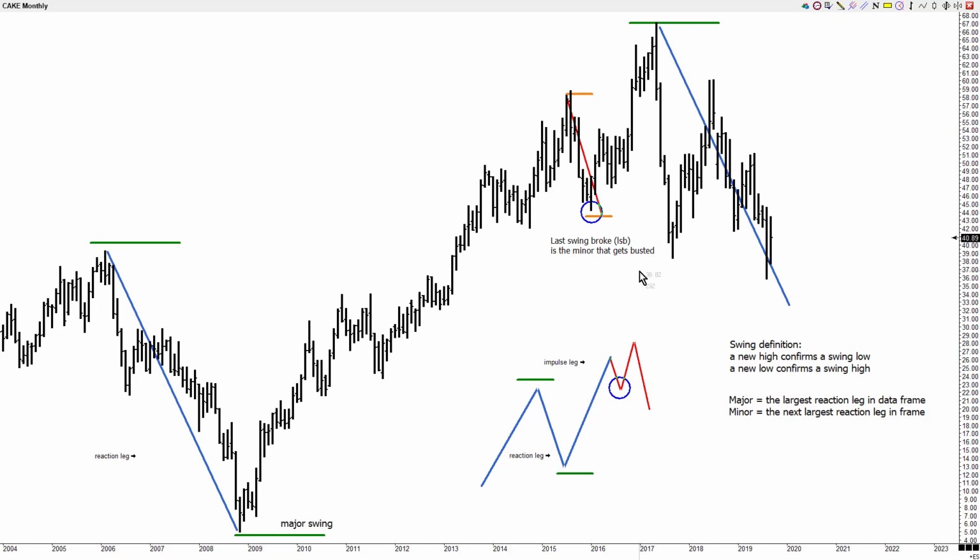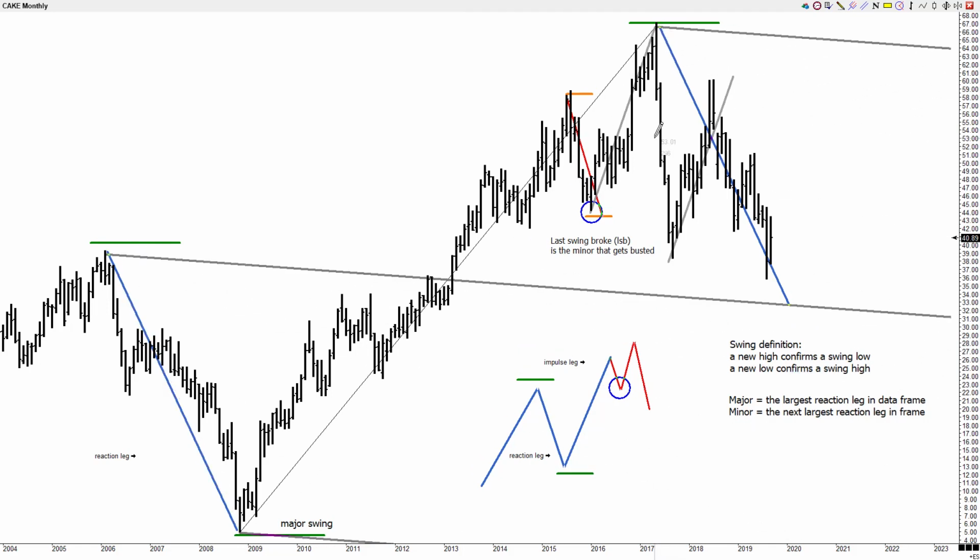One of the main reasons to be able to make this distinction is once it gets busted, we want to follow this leg on the way down. So as soon as it's busted, you start doing the same thing with reaction legs. And you follow, so on and so forth. You can already see how this, in this particular variation, can land into a trade to sell it down to here or even down for an expansion.